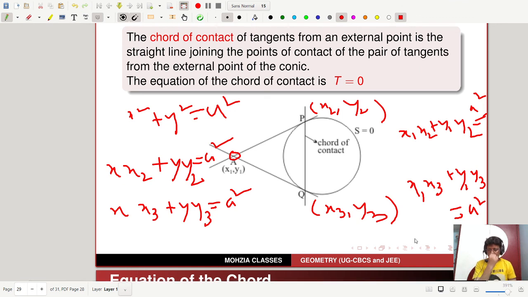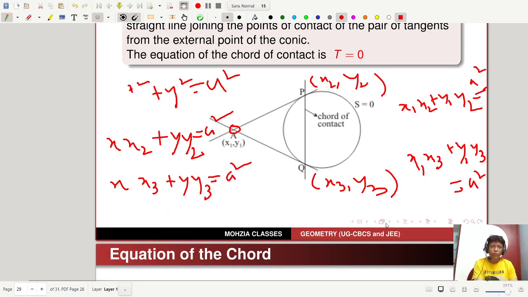From these two equations, we can say that these two points satisfy x x1 plus y y1 equal to a squared. That is the equation of the chord of contact, because it will satisfy both the points.